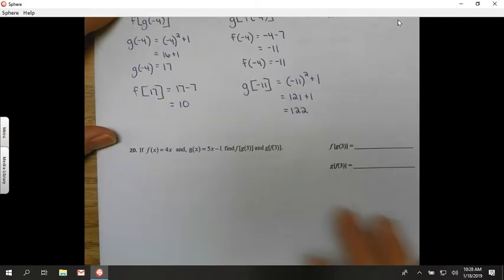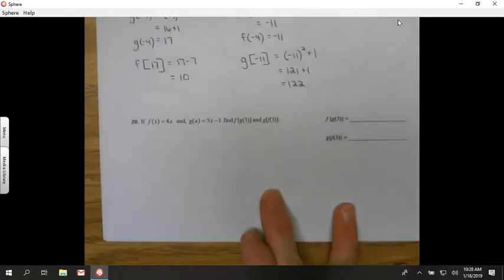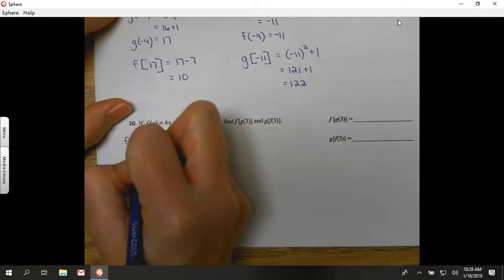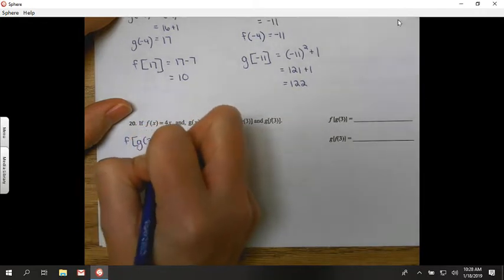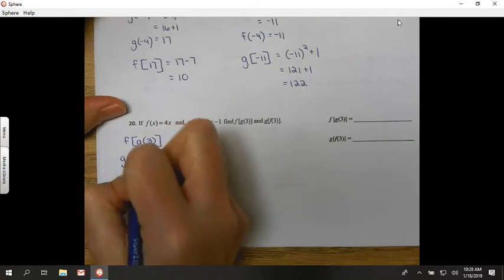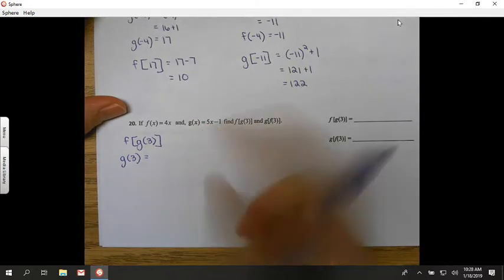All right, last one, 20. So again, we are plugging in numbers this time instead of just the function. So we will start with f of g of 3. So remember, I start on the inside. So the inside this time is g of 3. So I'm going to go to my function g, and I'm going to replace x with 3.